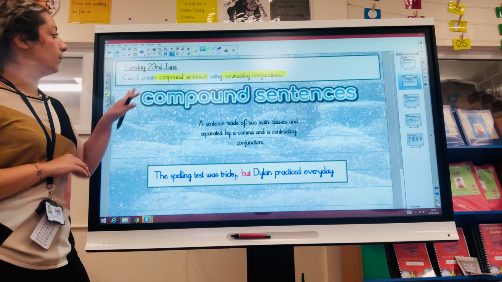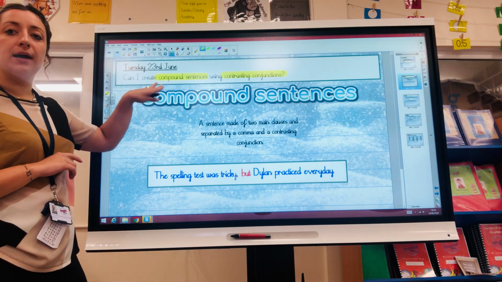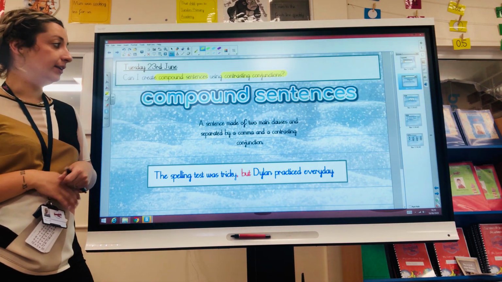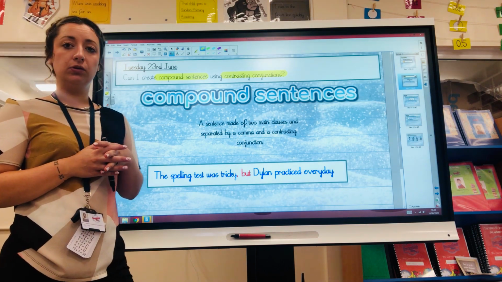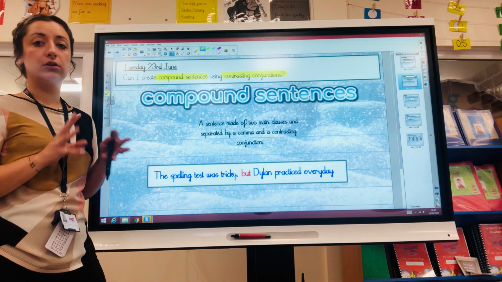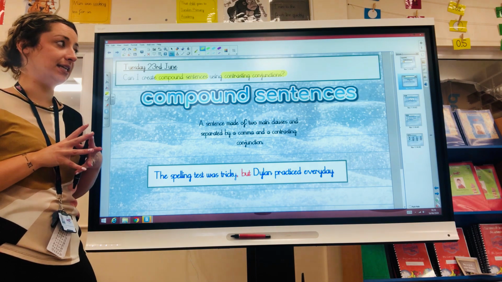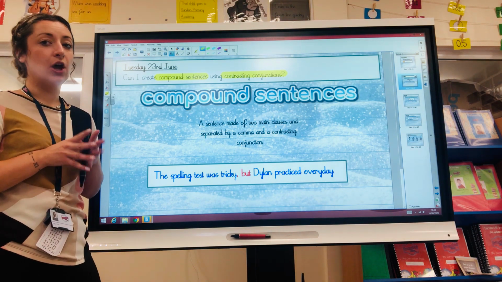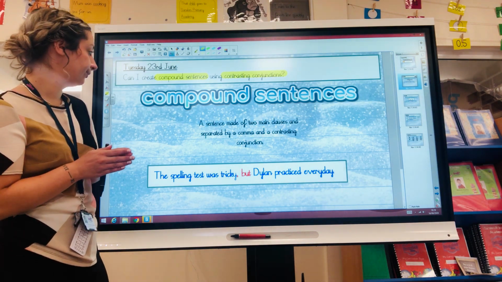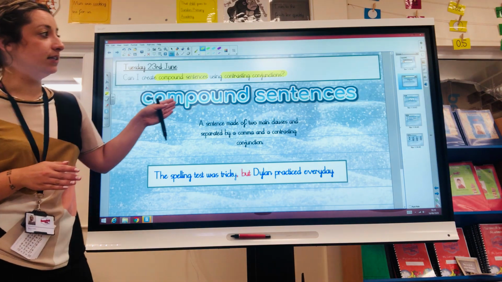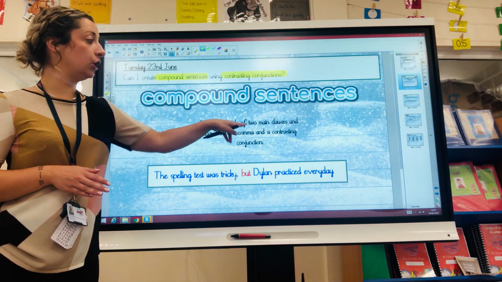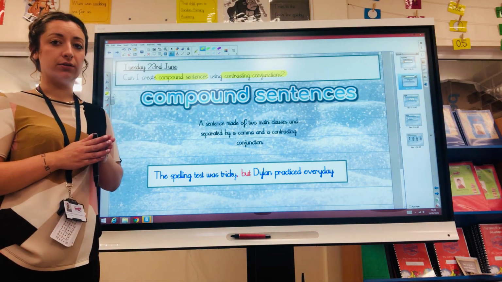Now first of all I want to have a look at these compound sentences. Now you might have heard of these before, but they are all to do with the different clauses, the different sentences that make sense only on their own. So a compound sentence is made of two main clauses.